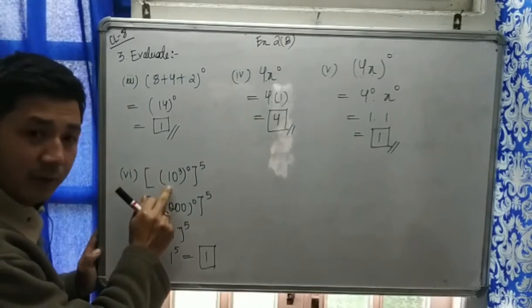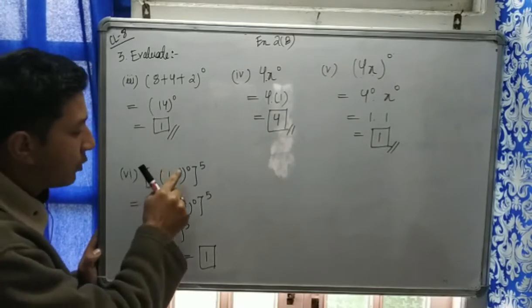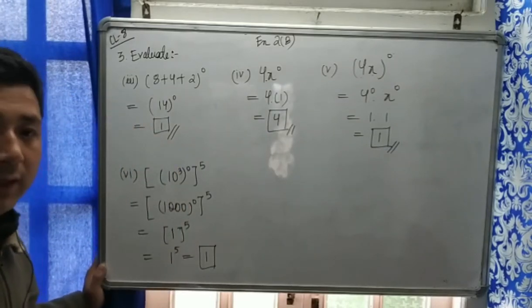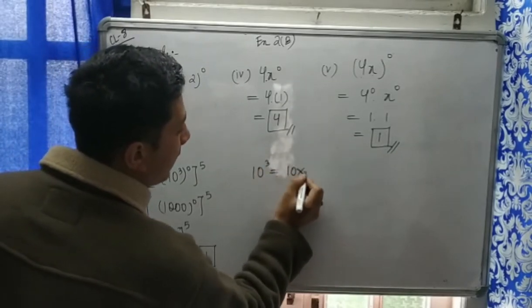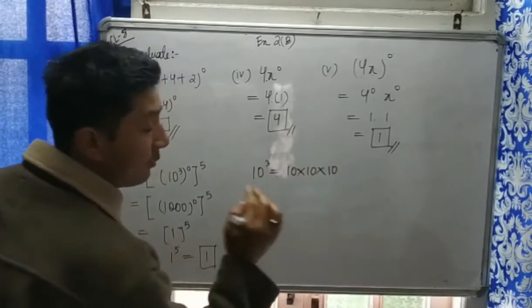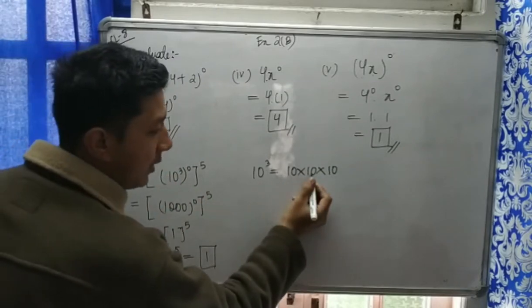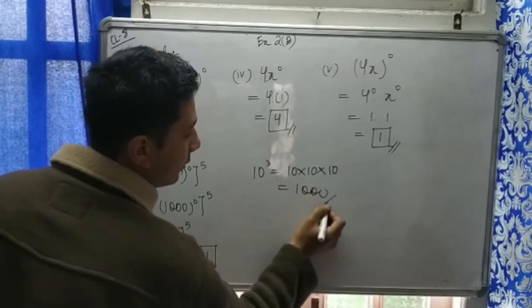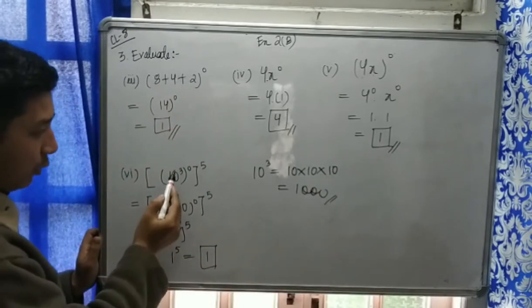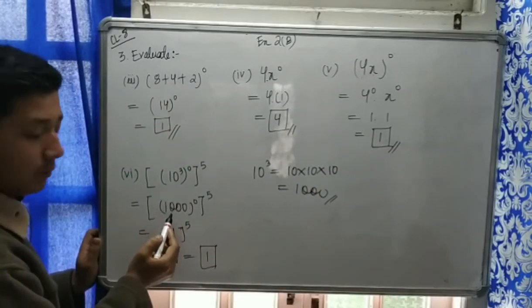Within the first bracket you can see it is 10 to the power 3. Now how much is 10 to the power 3? 10 to the power 3 means 10 into 10 into 10, multiply 10 three times. 10 tens are 100. 100 into 10 is 1000, 3 zeros. So 10 cube is 1000. 1000 to the power 0.